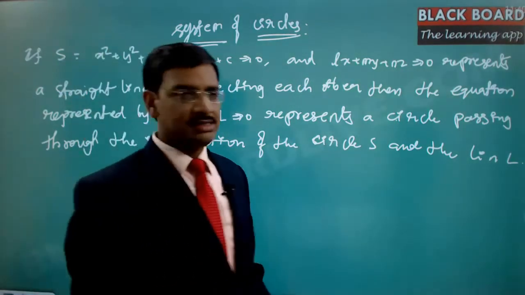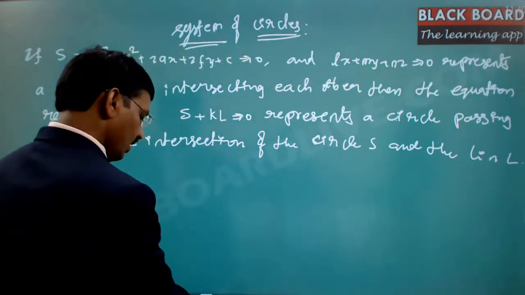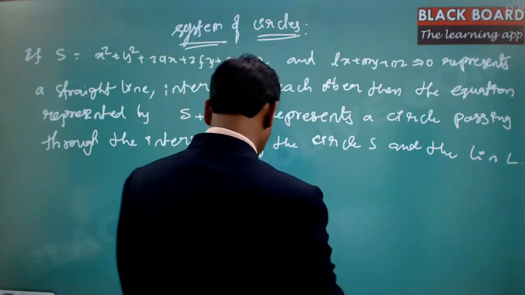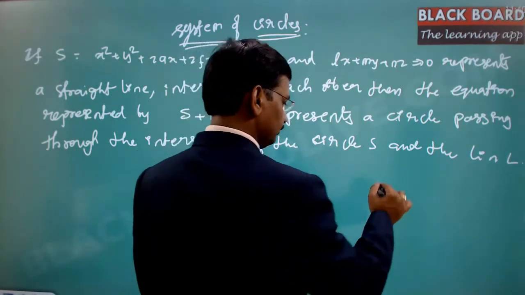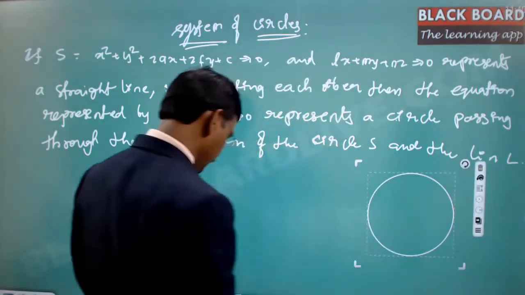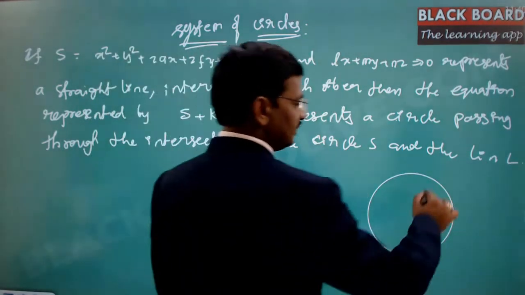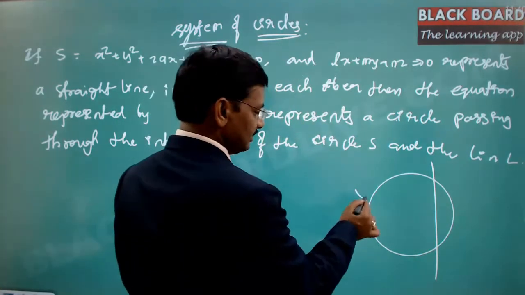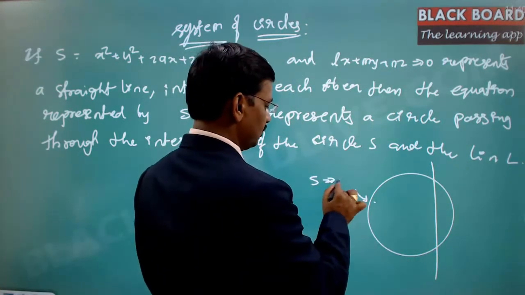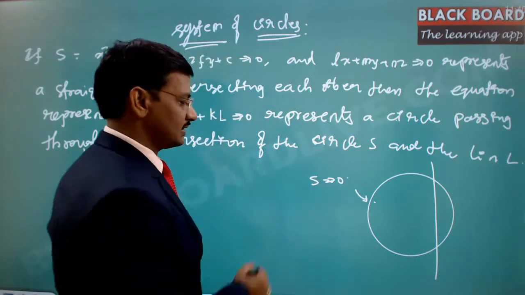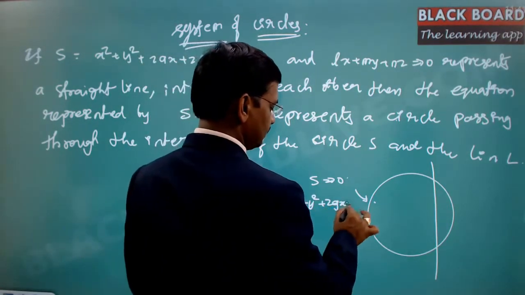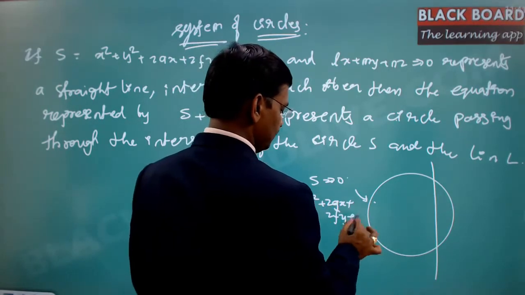What it states is, suppose you take one particular circle, so let us say this is the circle, and then there is one straight line which is intersecting with this particular circle. This circle is represented by S equal to 0, where S is given by x square plus y square plus 2gx plus 2fy plus c equal to 0.